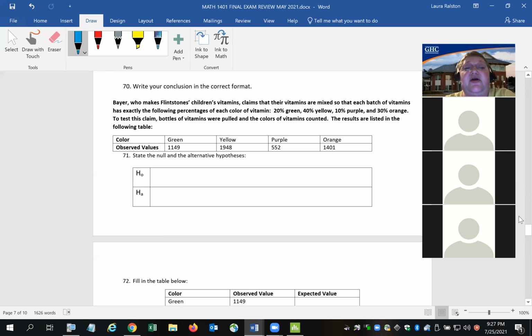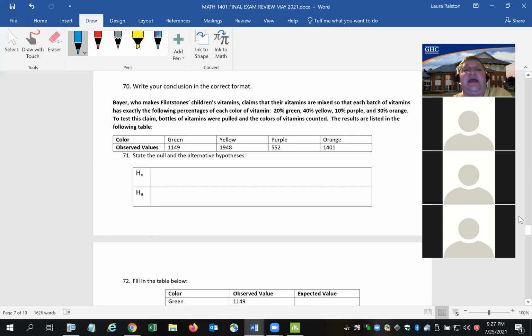It says, Bayer, who makes Flintstones children's vitamins, claims that their vitamins are mixed so that each batch has exactly the following percentages of color: 20% are green, 40% are yellow, 10% are purple, and 30% are orange.